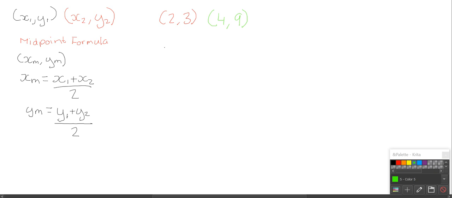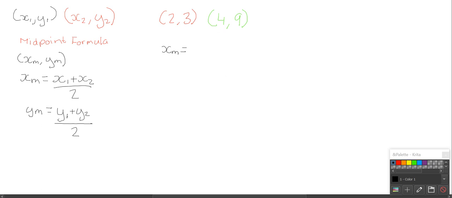What we would do to find the midpoint xm, ym, is find the x coordinate first. The midpoint x coordinate, xm, would be equal to x1 plus x2 and then divide by 2.